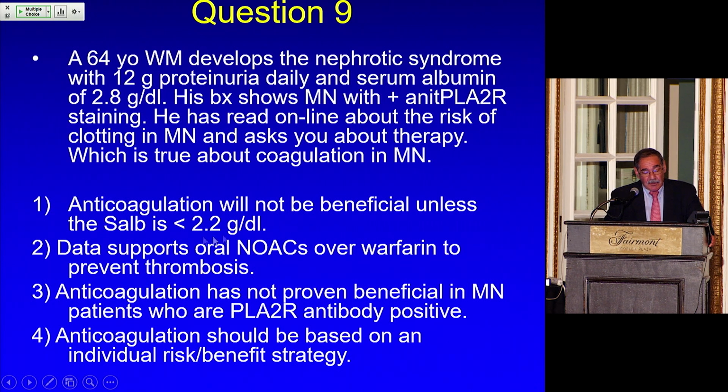Anticoagulation will not be beneficial unless the serum albumin is lower than 2.2. Data supports oral NOACs over warfarin to prevent thrombosis. Anticoagulation has not proven beneficial in membranous who are PLA2R positive. Anticoagulation should be based on an individual risk-benefit strategy.